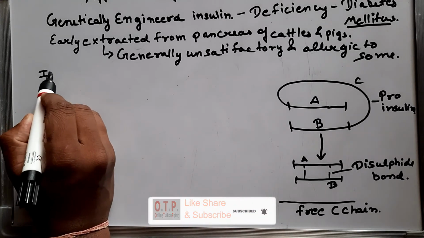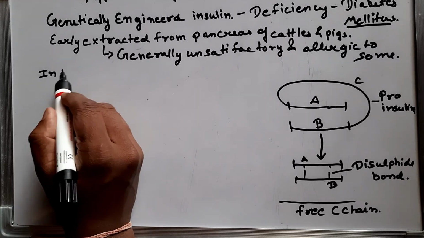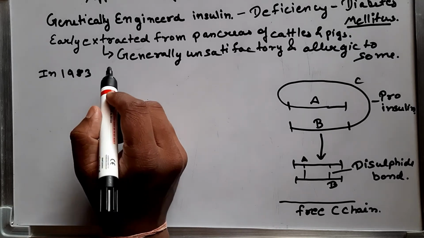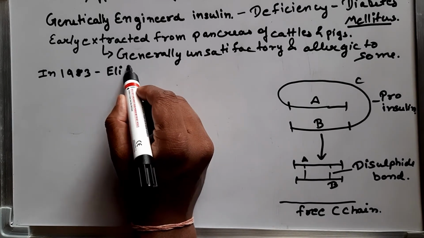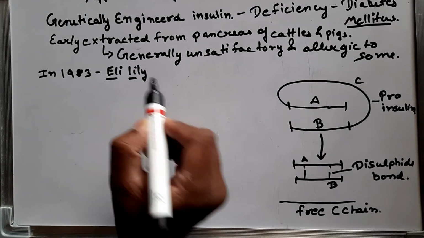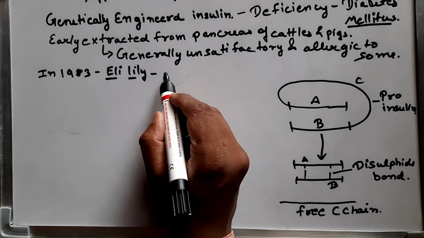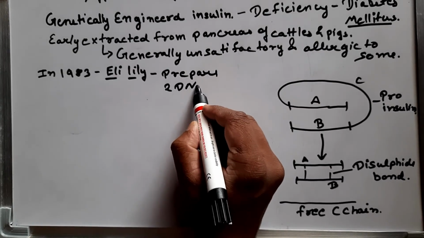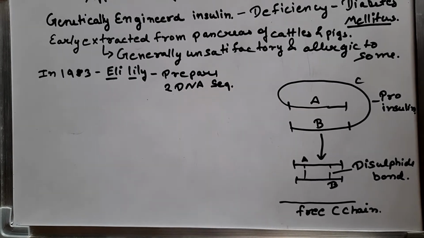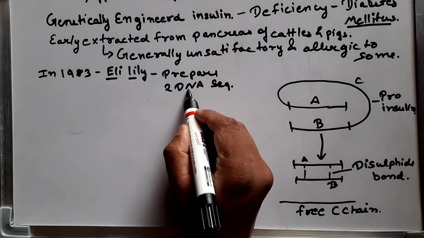In 1983, Eli Lilly, an American company, made this mature insulin in external medium. To form this mature insulin, they prepared two DNA sequences. These two DNA sequences code for the A and B chain of the insulin, and these DNA sequences were then inserted into the plasmid, which is pBR322.